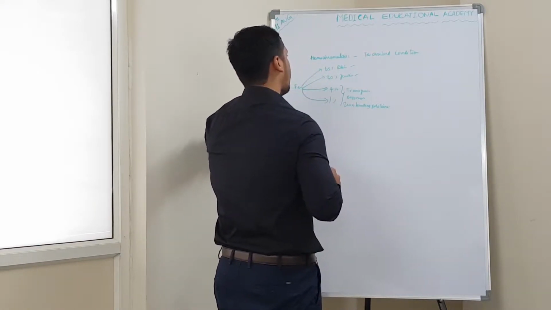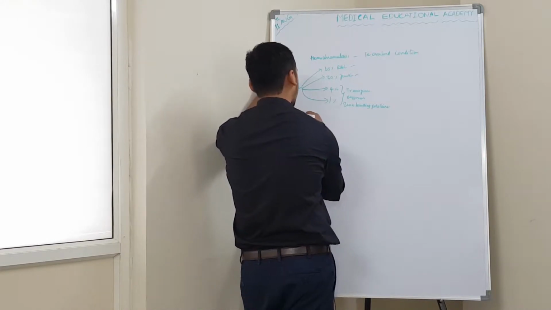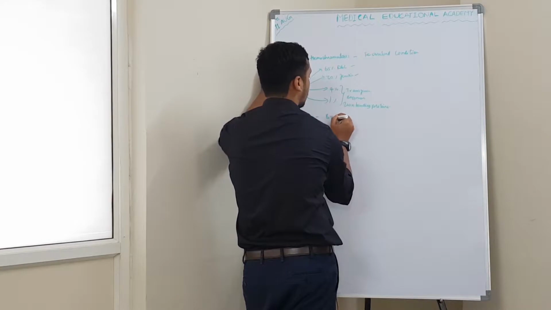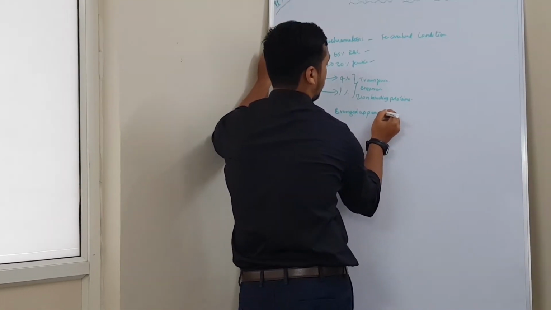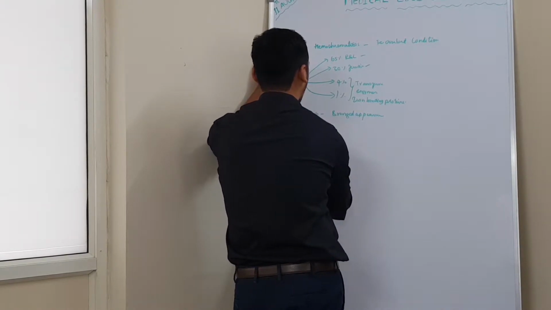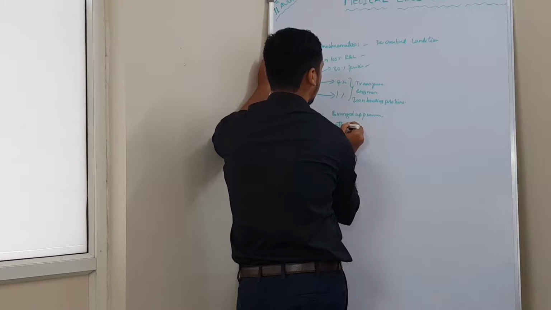So apart from this, if there is any excess iron deposition where it shouldn't normally be, it gets deposited over there. If it is deposited in the skin, you will have a bronzed appearance, right? If it is in joints, you have arthritis, right?